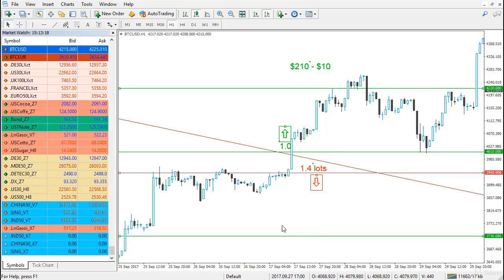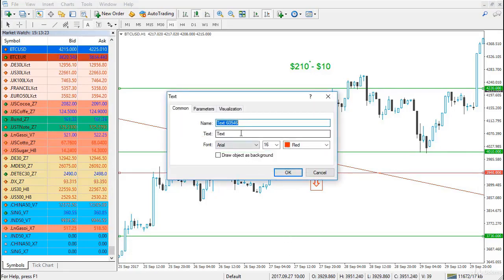I will be negative $280 from the first trade, and as well I will be positive with $294 with the second trade, right? The short trade with 1.4 lots. And of course, I will be paying as well $14 of swap.